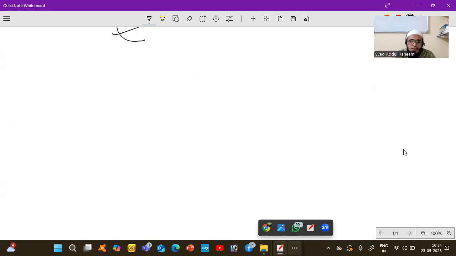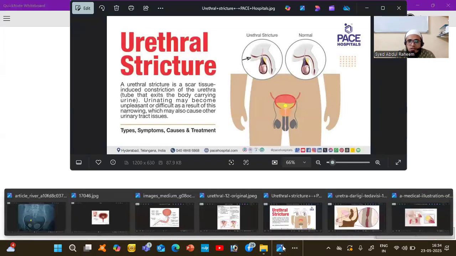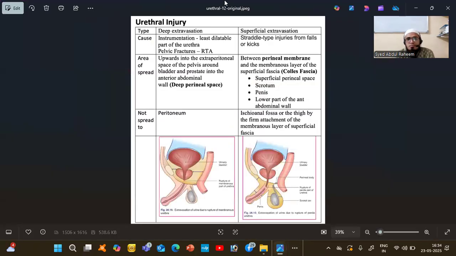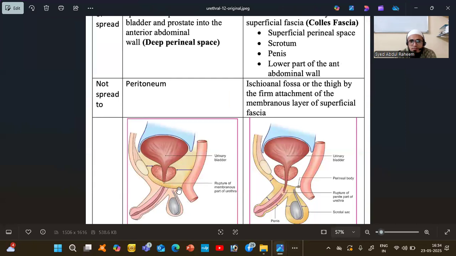Next, we have another type of disease, that is urethral injury. Urethral injury is sometimes a deep injury. You can see this is the rupture of the membranous part of the urethra.